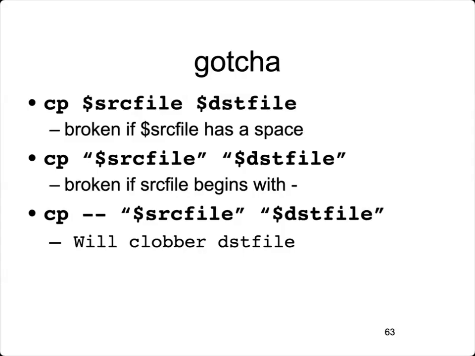One thing that would work if you have a dash in front of the file name is if you do cp space dot slash dash file name. That will work because the dot slash indicates that you're specifying a file, if that makes sense.